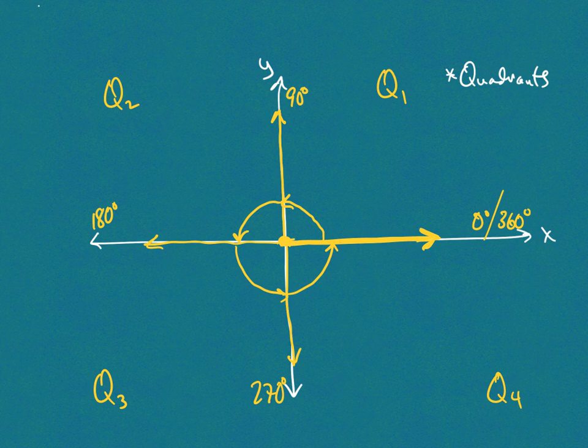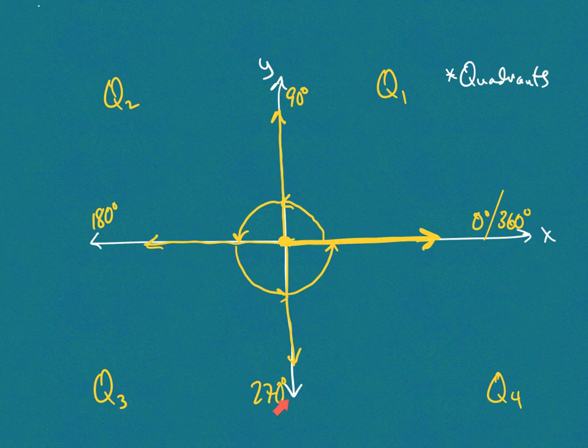Okay? So now if I give you any angle, you should be able to tell me what quadrant it would be in. As an example, what if I gave you a 208 degree angle? Well, 208 is in between 180 and 270, so a 208 degree angle would be located in quadrant number 3. What if I were to give you a 306 degree angle?